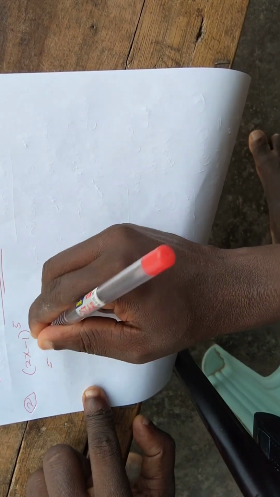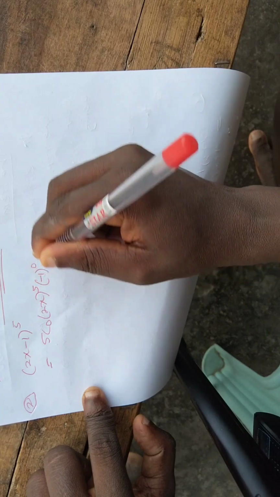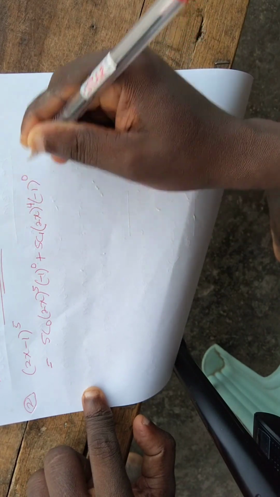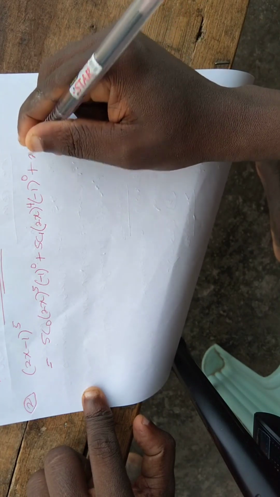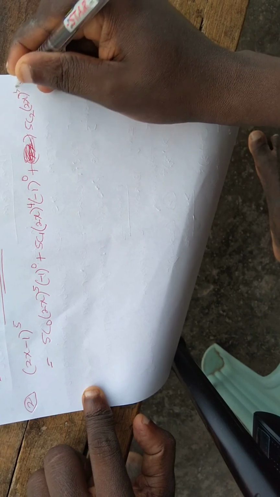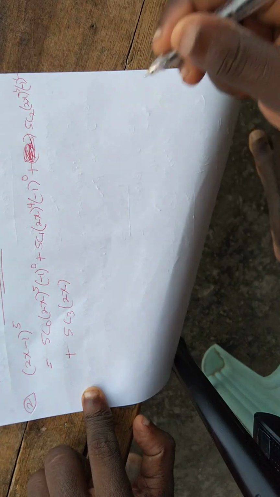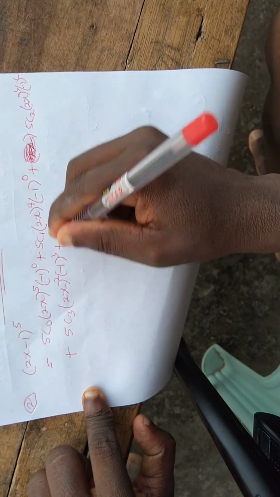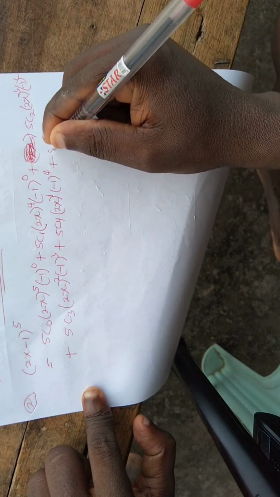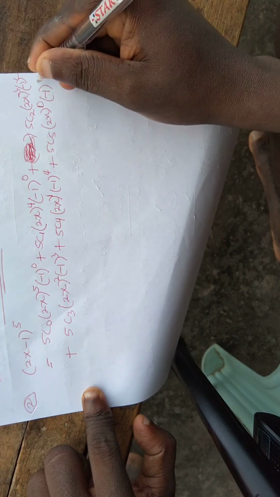So this equals 5 combination 0, 2x raised to power 5, minus 1 raised to power 0, plus 5 combination 1, 2x raised to power 4, minus 1 raised to power 1, plus 5 combination 2, 2x raised to power 3, minus 1 raised to power 2, plus 5 combination 3, 2x raised to power 2, minus 1 raised to power 3, plus 5 combination 4, 2x raised to power 1, minus 1 raised to power 4, plus 5 combination 5, 2x raised to power 0, minus 1 raised to power 5.